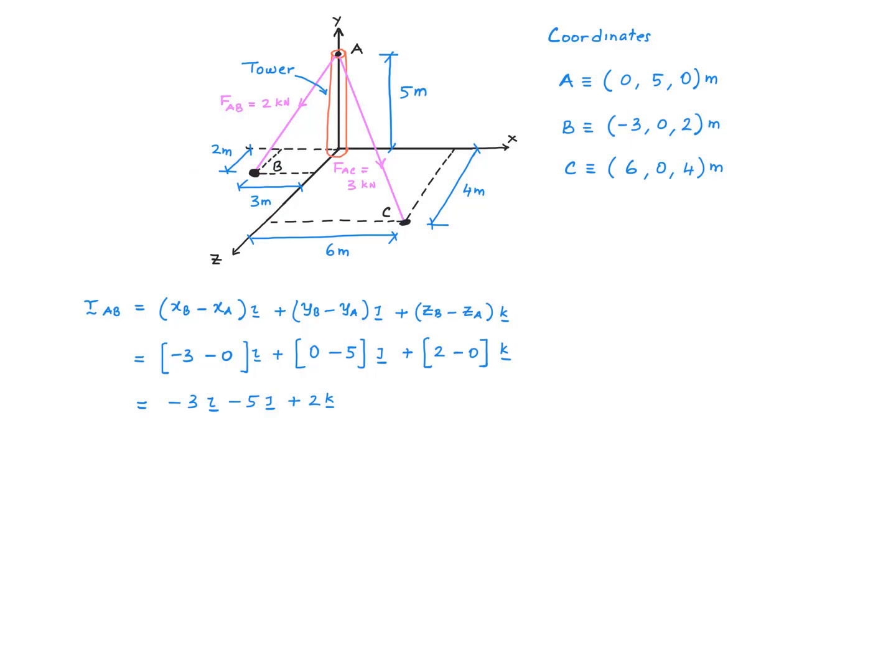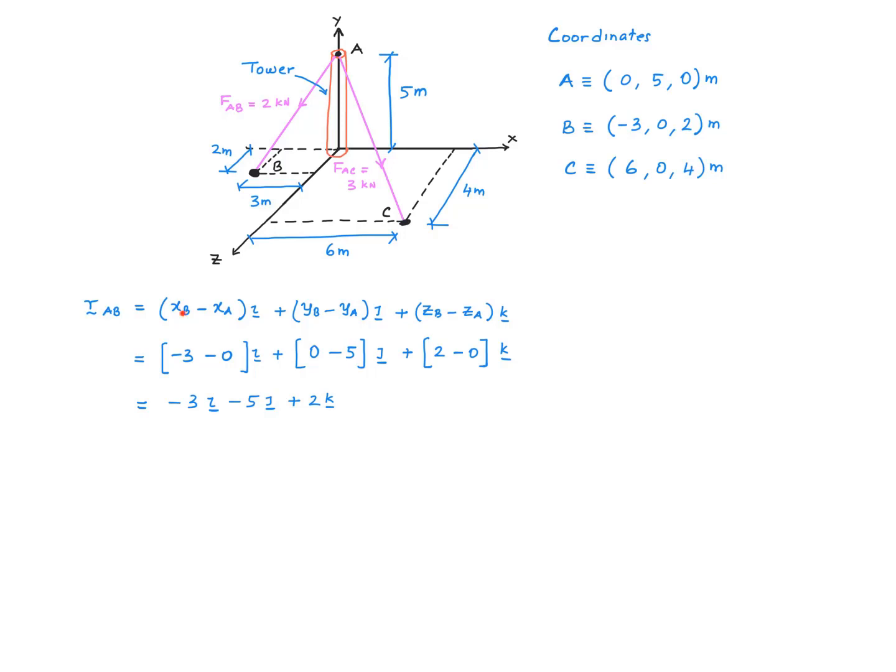Similarly, point C happens to lie on the xz plane, and therefore the y-coordinate is 0. The x-coordinate is simply 6 meters, and the z-coordinate is 4 meters. So that's what I have here. So it's good to define the coordinates of these points once and for all before you start doing these calculations.